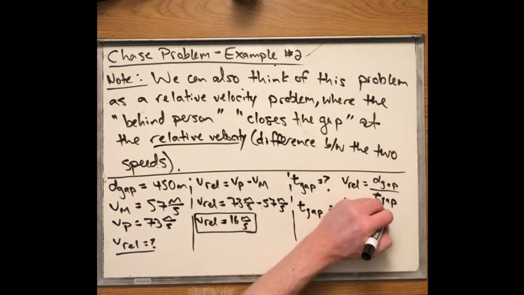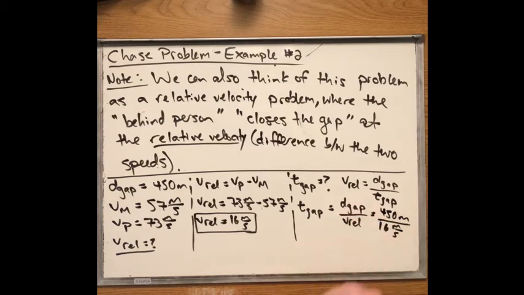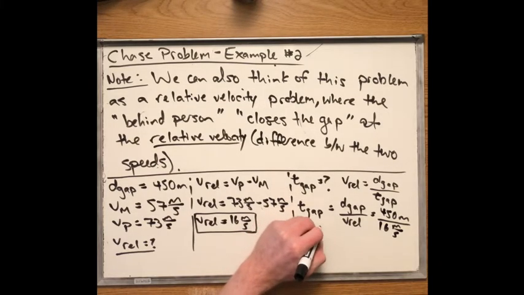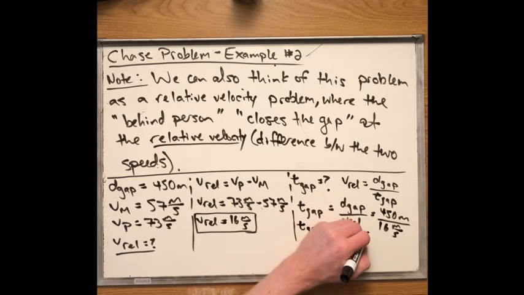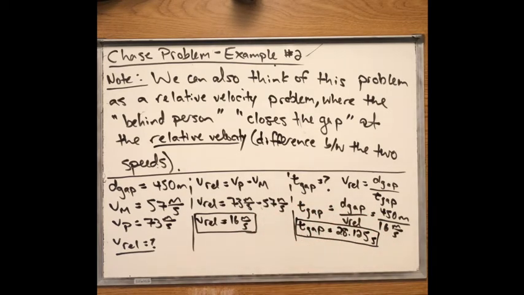So we have 450 meters for our gap distance over our relative velocity, which is 16 meters per second. And 450 meters divided by 16 meters per second is 28.125 seconds. And I'm just going to leave that number like that for now.